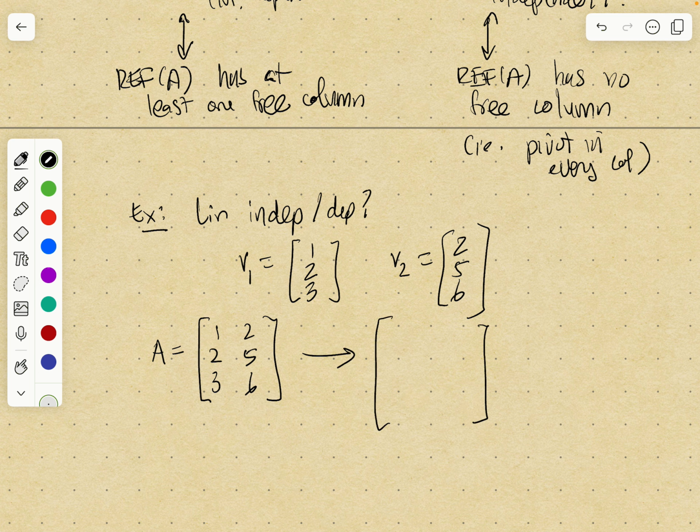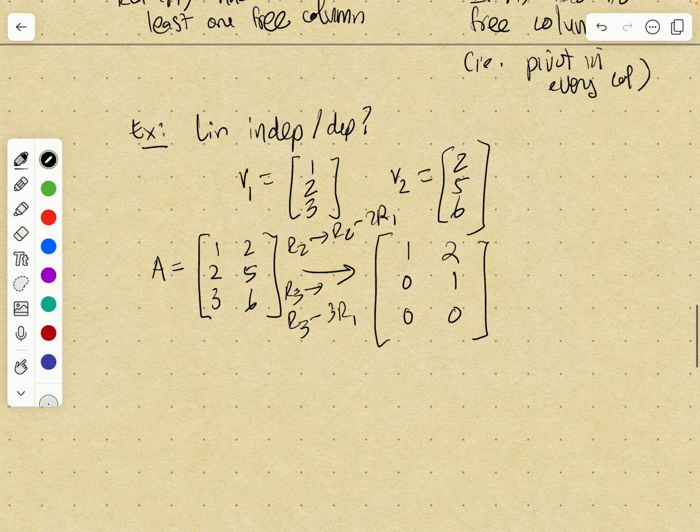So what's the echelon form of this? You do row 2 goes to row 2 minus 2 row 1, so you get 0, 1 here. Then row 3 goes to row 3 minus 3 row 1, and you get 0, 0.